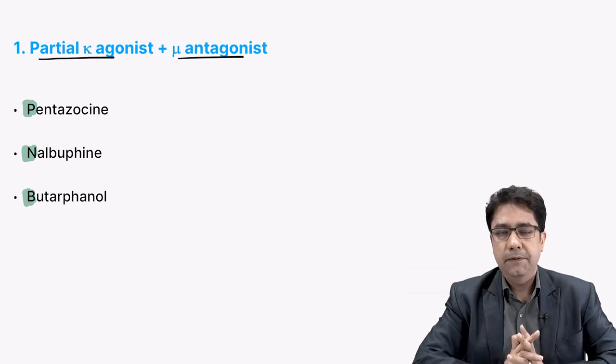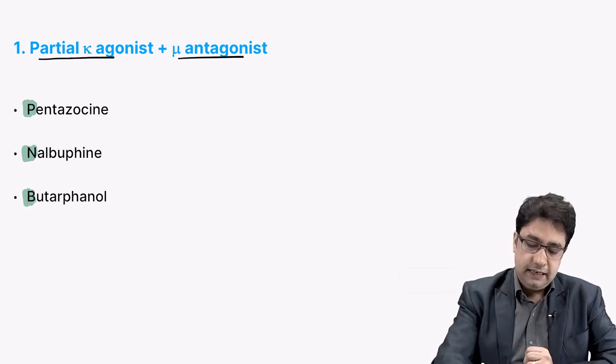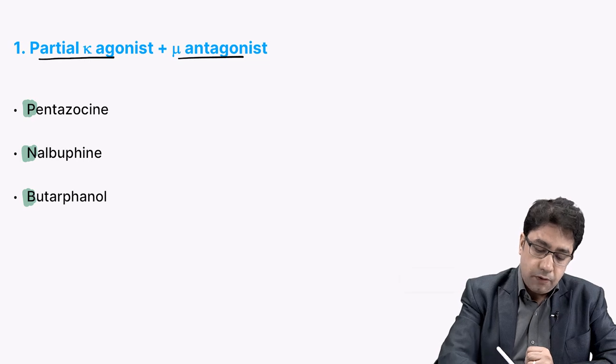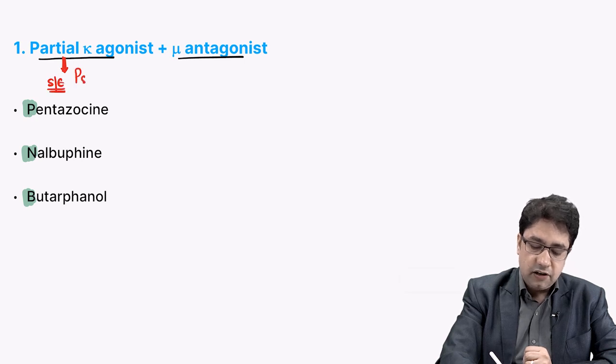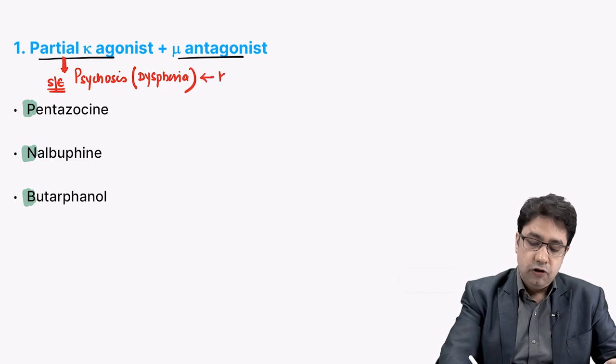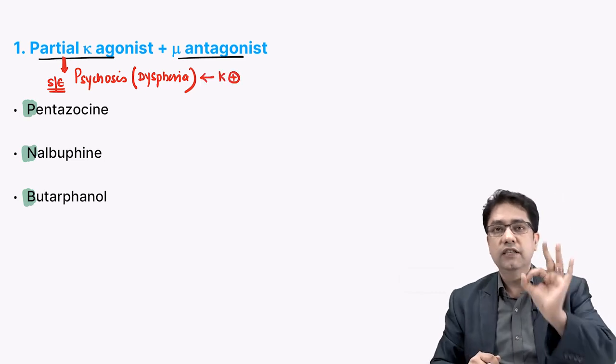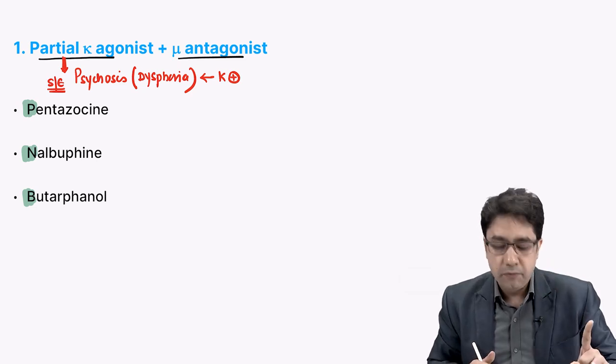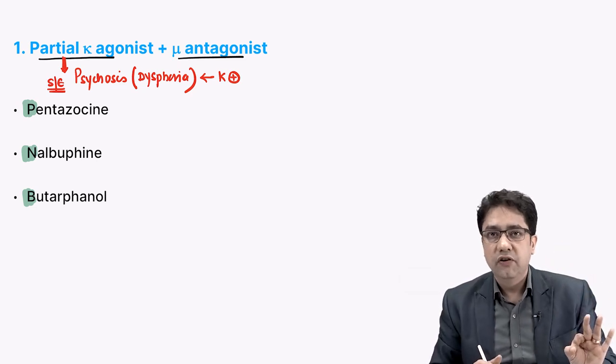Now, first point. Can you think for a second that these drugs are partial kappa agonists? Because of this reason, these drugs have a side effect of psychosis or dysphoria, because we have discussed kappa receptor stimulation leads to dysphoria. So which opioids produce psychosis or dysphoria?